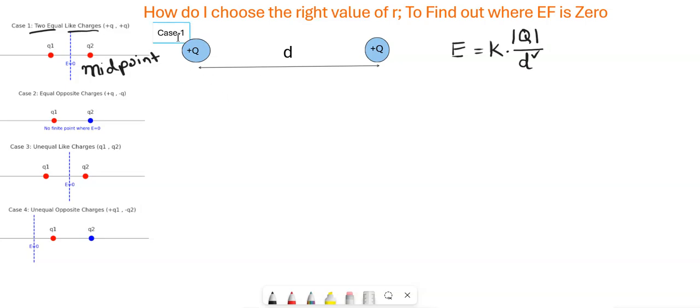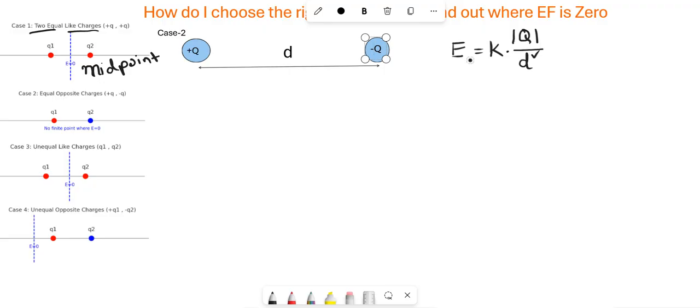Case number 2. Here there are equal but opposite charges. It means Q and Q are equal, but the type of charge is opposite, plus and minus.